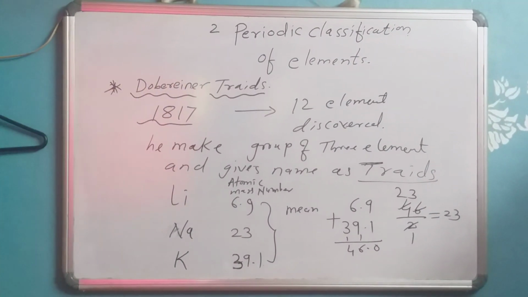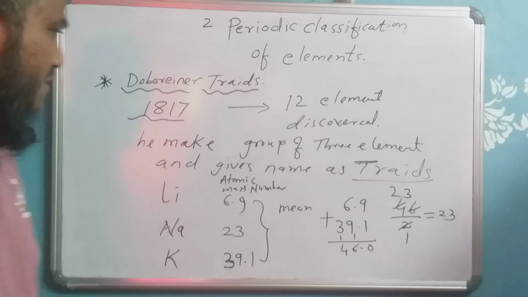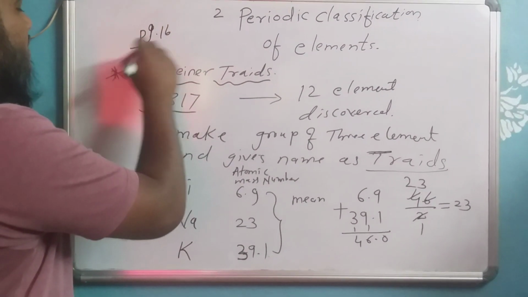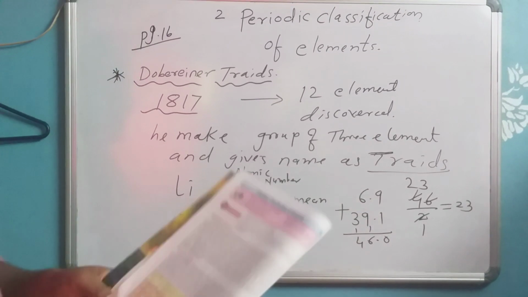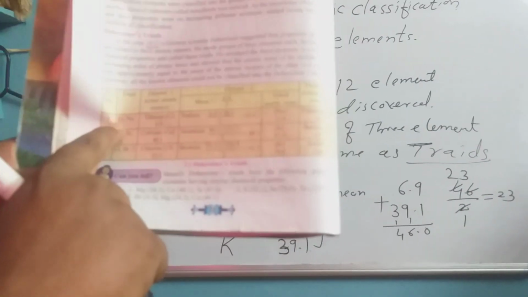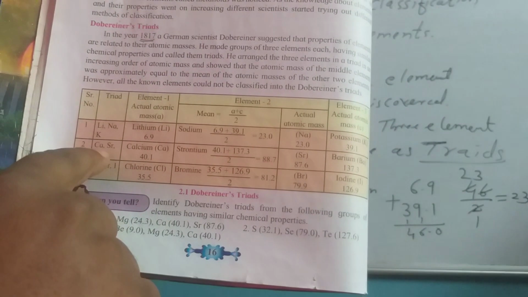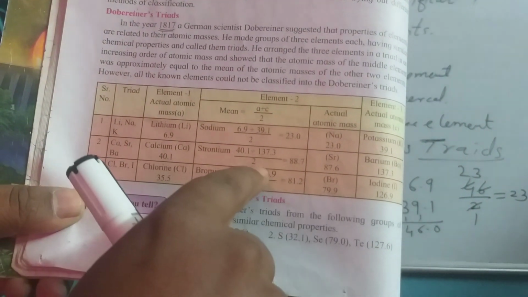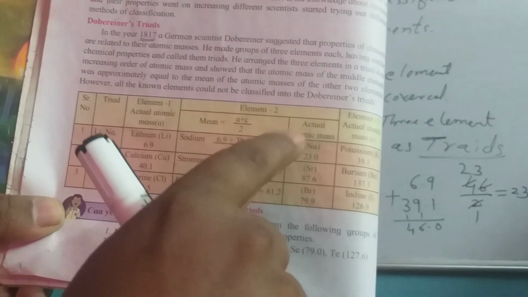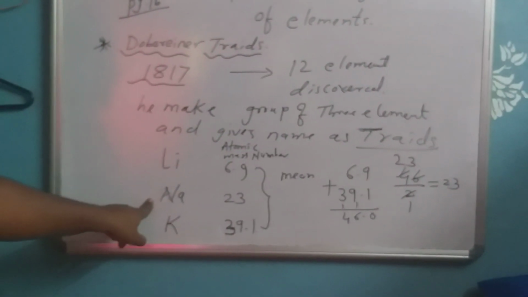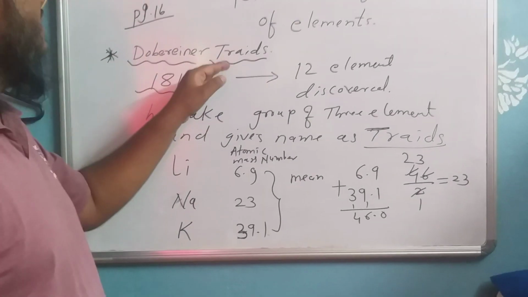If you want to check this, page number 16 has the triads. There are 10 triads given. Each and every student will practice this: add the first and third elements' atomic masses and divide by 2. The answer should be approximately the atomic mass of the middle one. That is the triad theory.